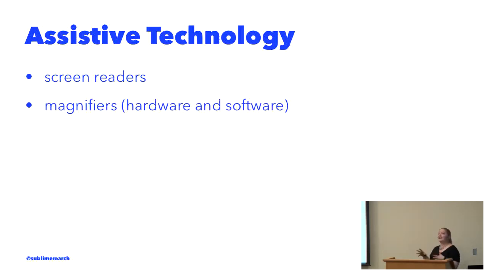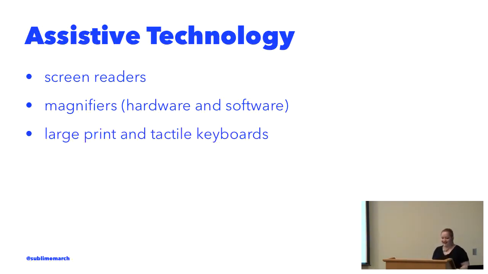This also includes magnifiers, either like a physical magnifier that goes over a screen that magnifies it, or software that can increase the size of text and things like that. You may have accidentally done this before on your computer, like, oh, the text is really huge, what did I do, right? Also, this includes large print and tactile keyboards. So keyboards that have larger keys, bigger letters on the keyboard, and they're physically raised so you can feel them.